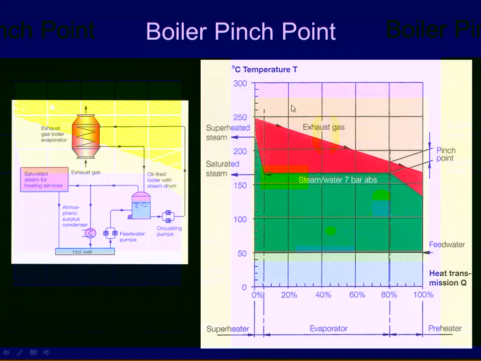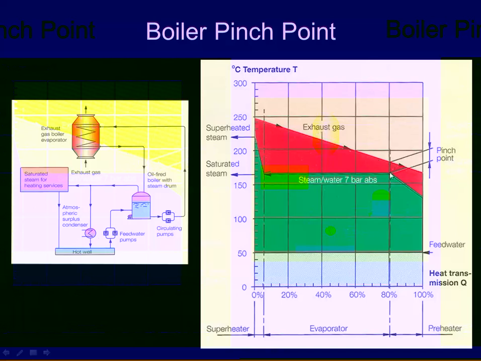All right, the next thing I want to talk about is pinch point. Counterflow. So this is the exhaust gas going up through the stack, through these heat exchangers. And this is the water at the top going through the economizer, boiling in the economizer tubes, and then being superheated in the superheater. My delta T here keeps getting less until it's at its minimum. It's called the pinch point.